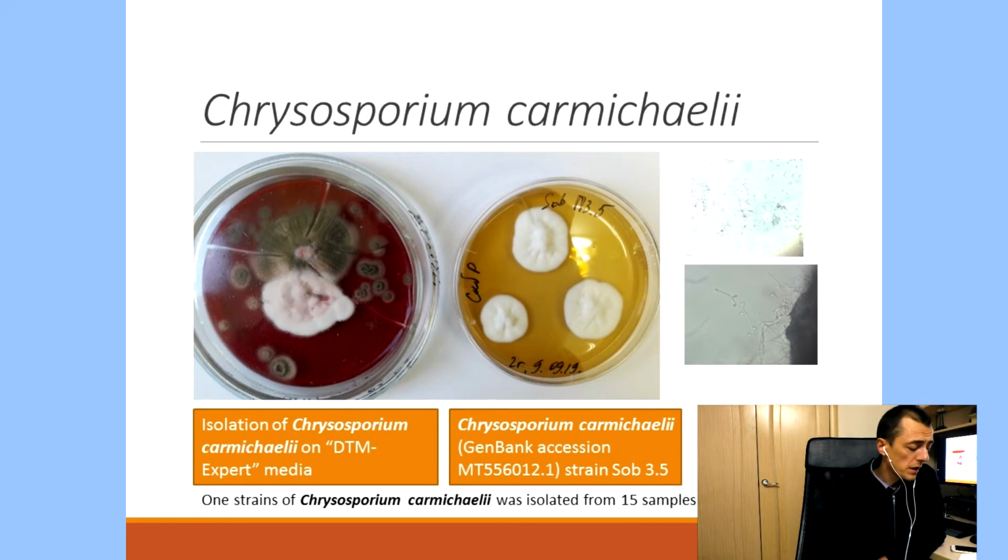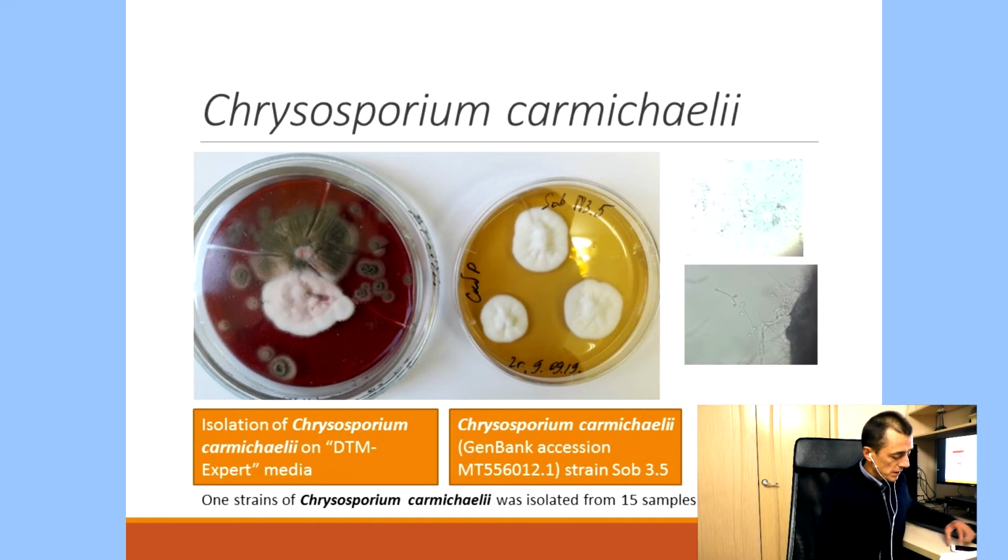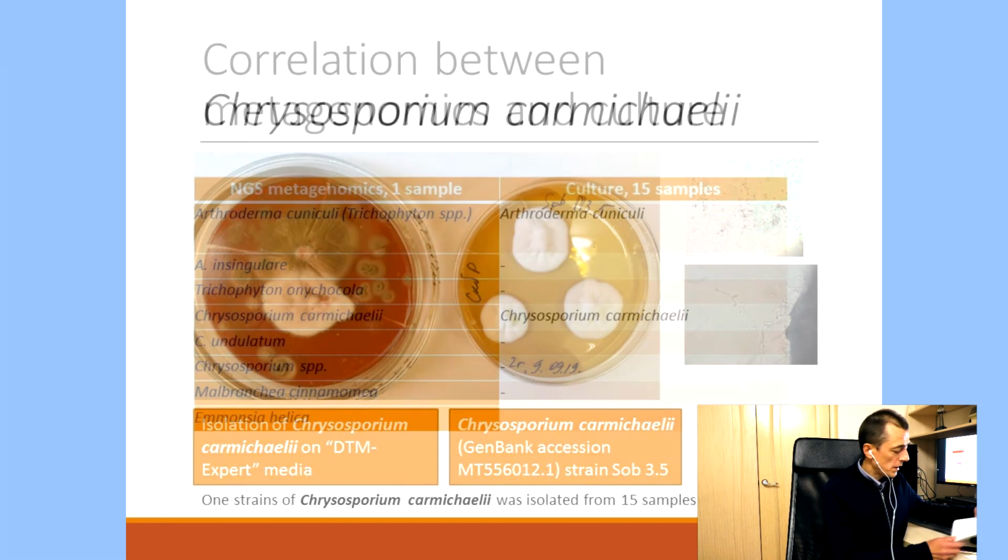You can see it on the left slide, and the white colony is surrounded by gray mold fungi. So just to recap, we obtained 3 cultures of Onygenalean fungi from 15 samples, and each of them was isolated from an individual skin sample from a sable. So, next slide please.